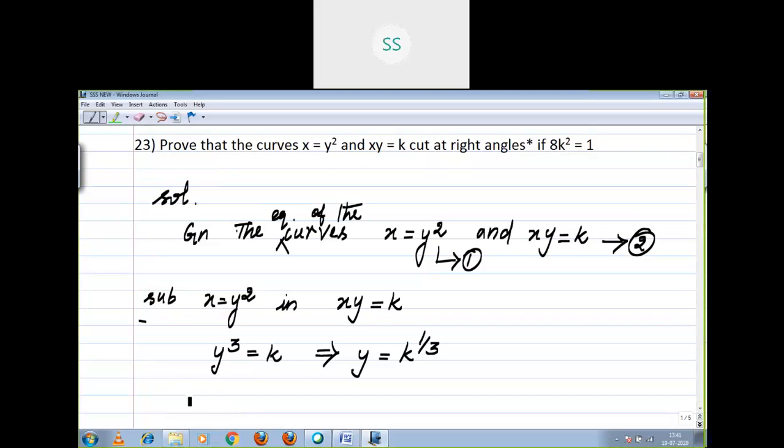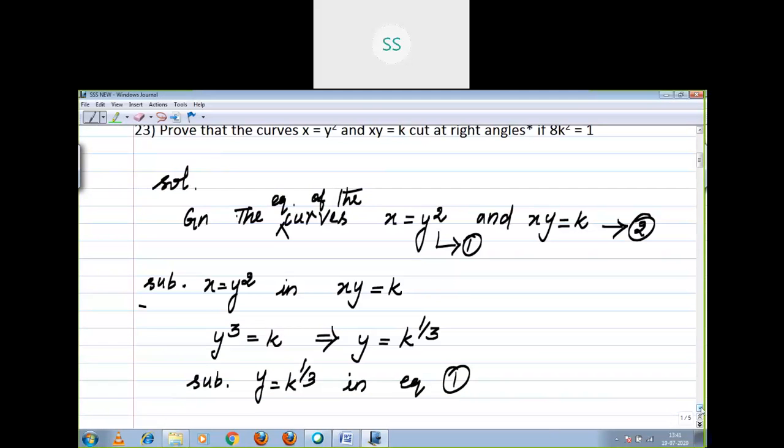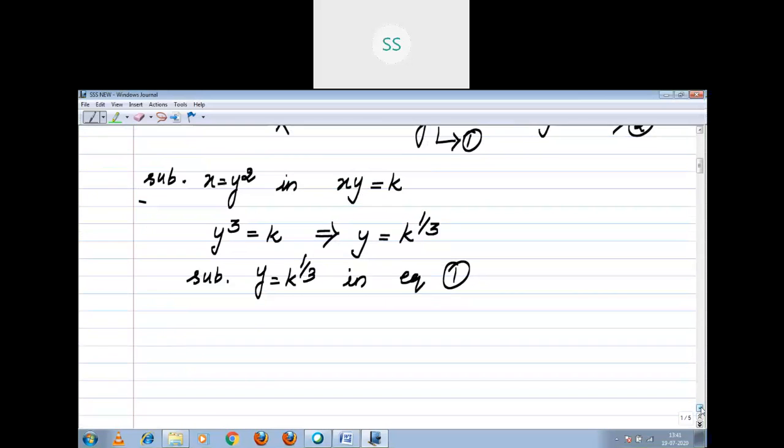Now substitute y equals k power 1 by 3 in equation 1, x equals y square.